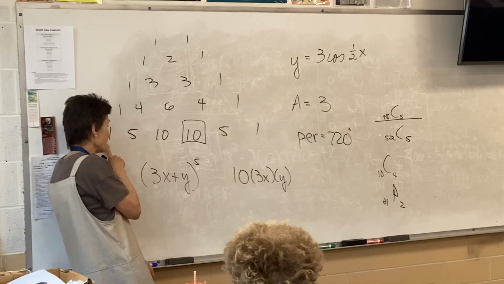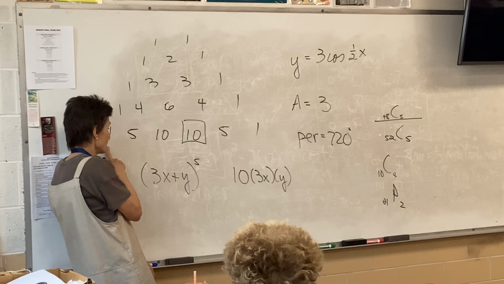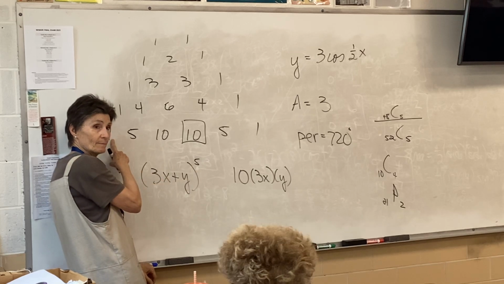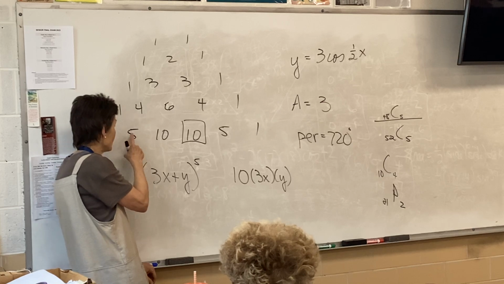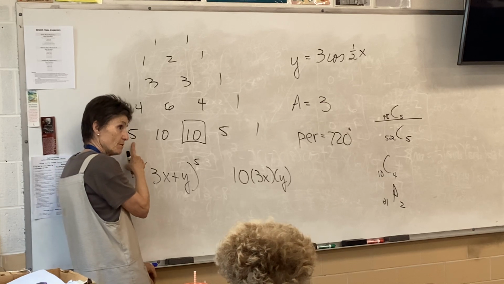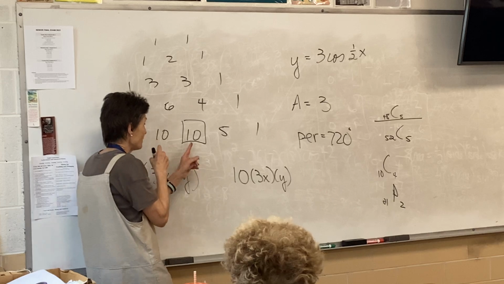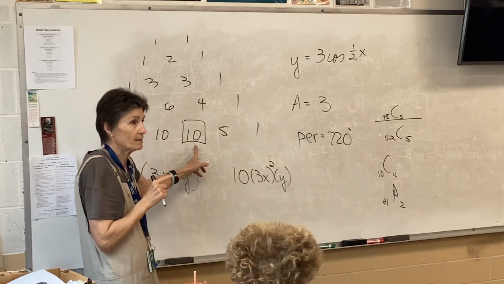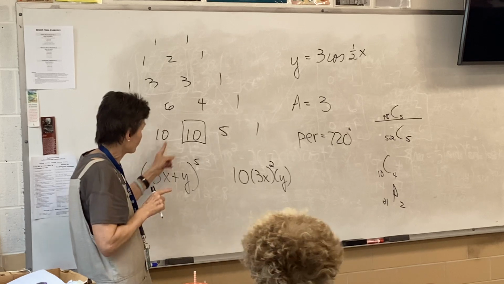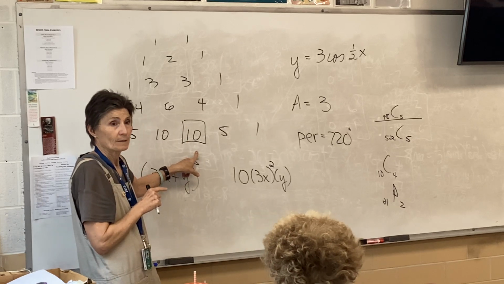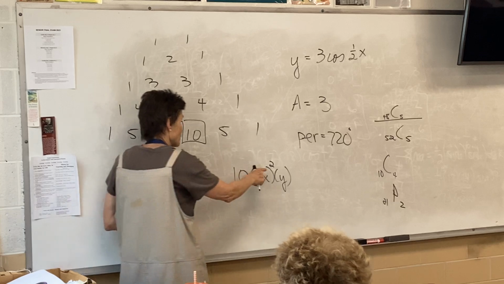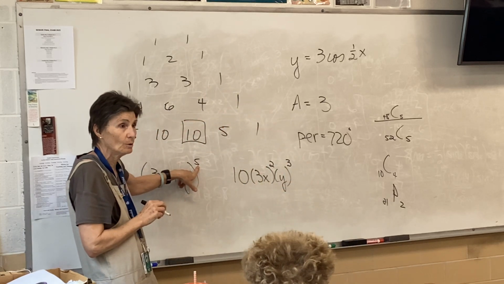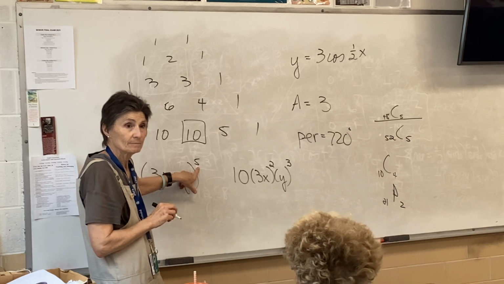I remember that if I did multiply it all out, the 3x would be to the 5th, and then the 4th, and then the 3rd, and then the 2nd. So there's no magic. I counted 5, 4, 3, 2. And if that's a 2, this one's got to be a 3, because they have to add up to 5.